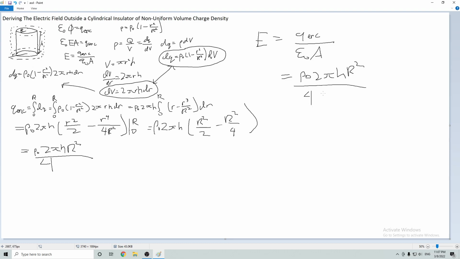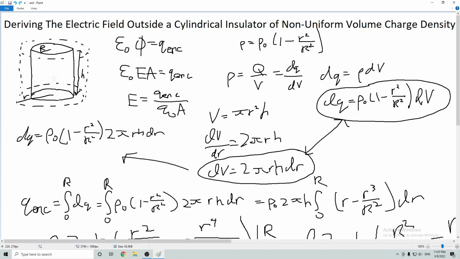And then we have to remember this epsilon naught. Now this A is the surface area of the Gaussian surface. If we go back to the drawing, the area of this dotted line Gaussian surface is 2 pi r h, and r is little r in that scenario.